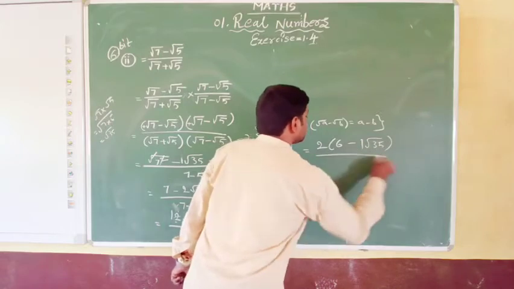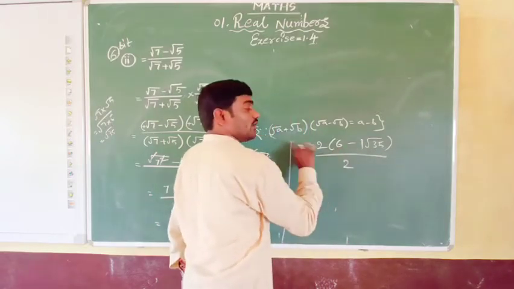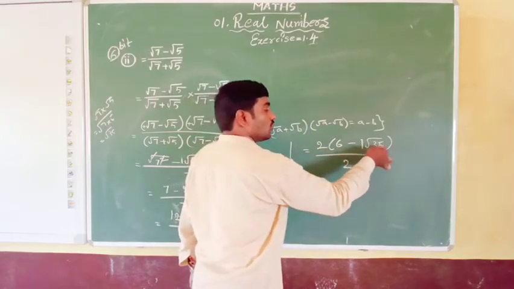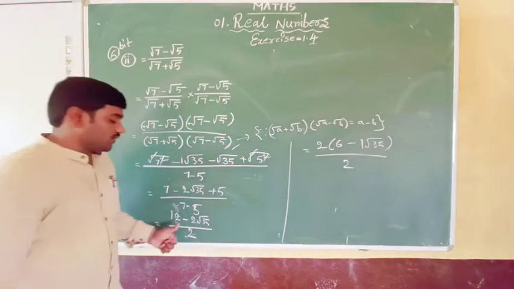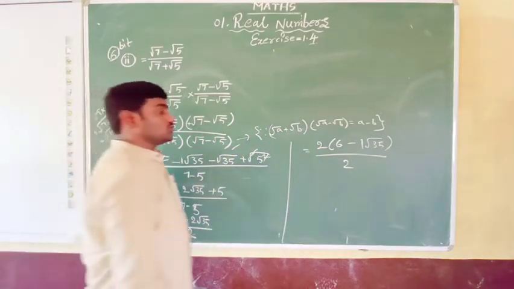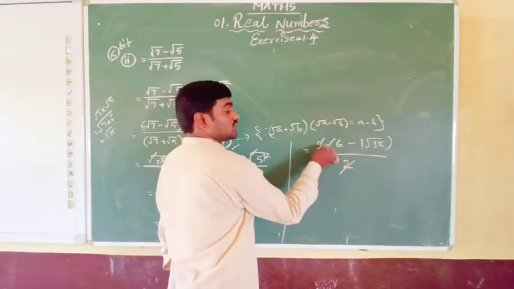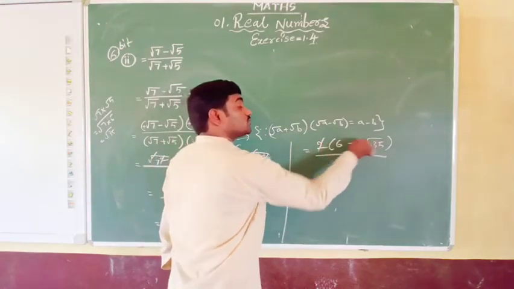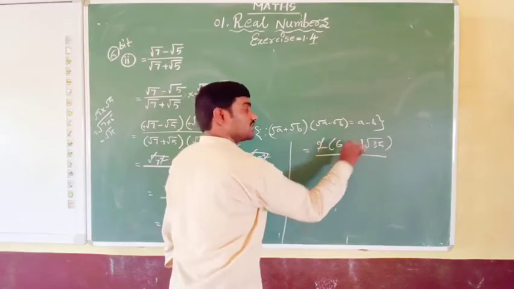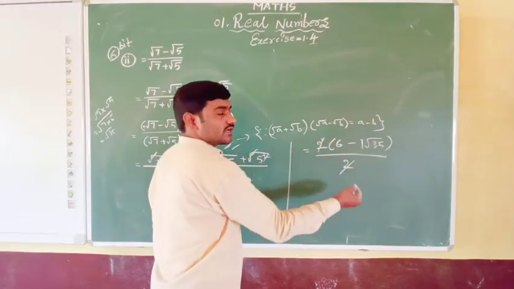Now you see that 2 sixes are 12 and 2 ones are 2 root 35, so you get the same 12 minus 2 root 35 by 2. Now this 2 and this 2 we can cancel, because this 2 is multiplying both the terms and this 2 is dividing both the terms. Multiplication and division we can cancel here.